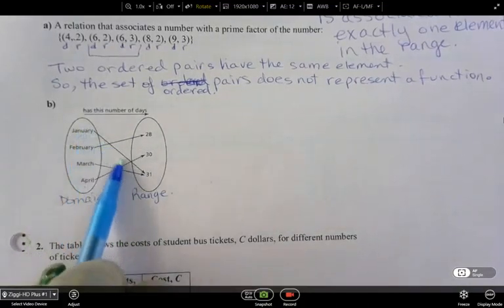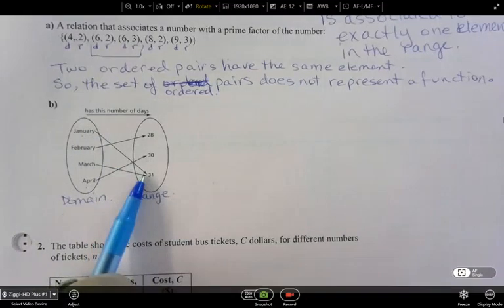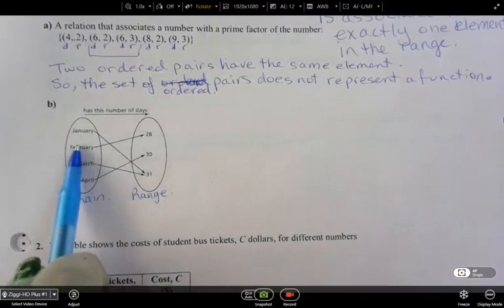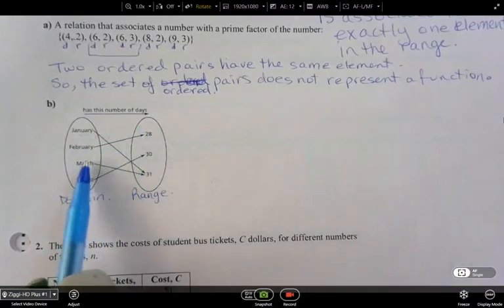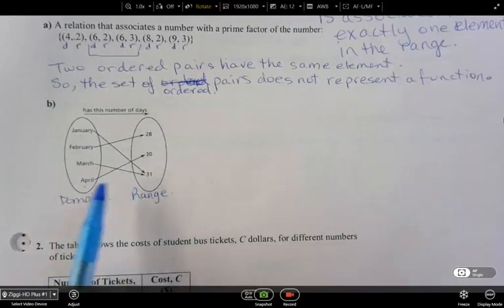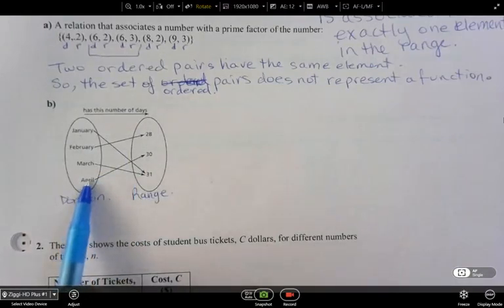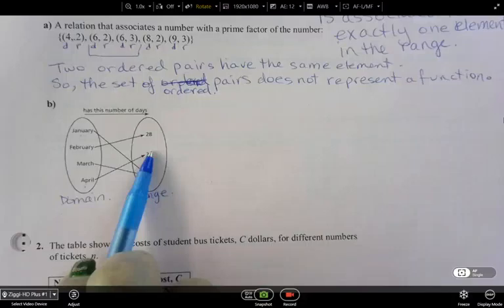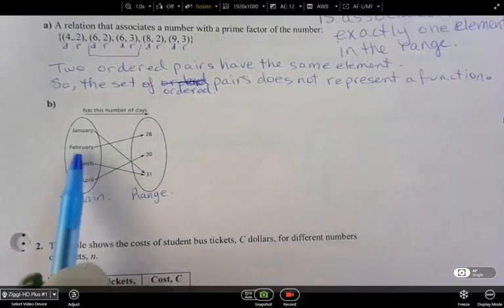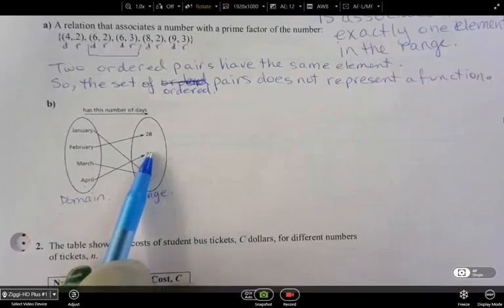January only goes to 31, okay? February only goes to 28. March only goes to 31, and April only goes to 30. So, does any of these go to 2 of these? No.